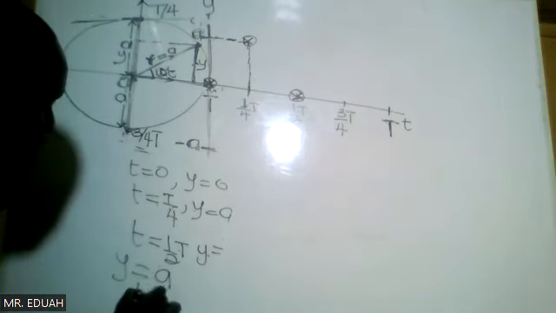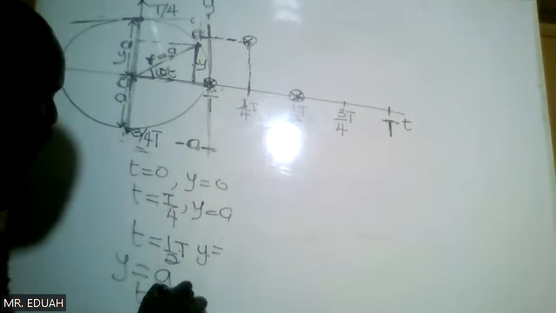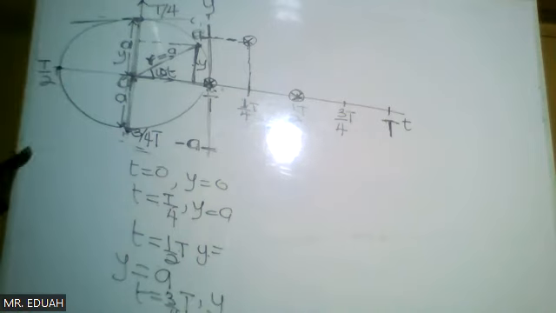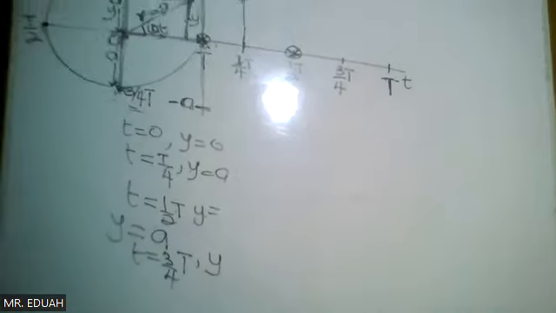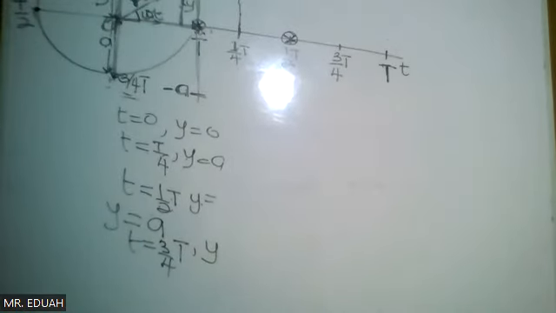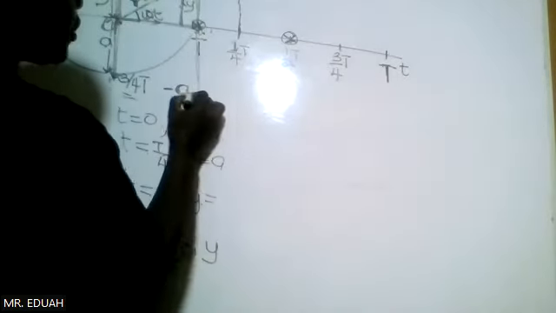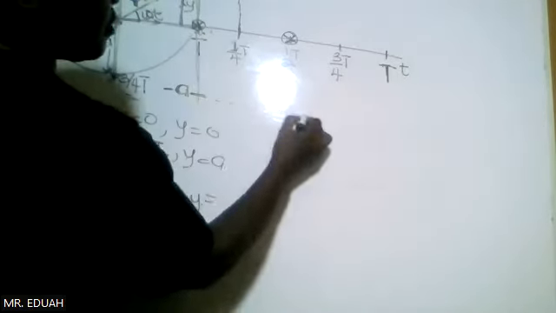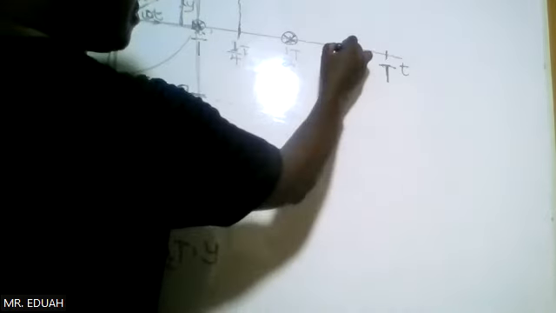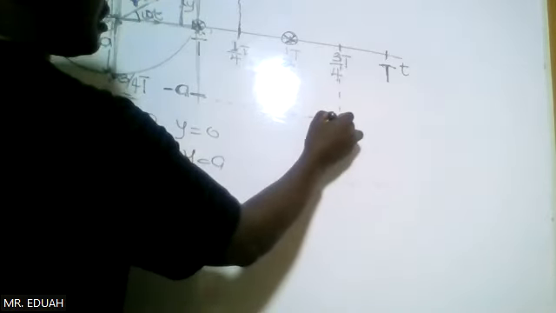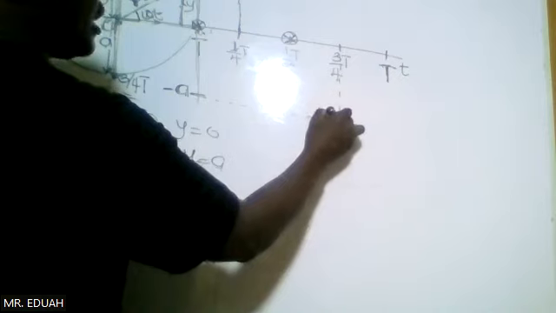At t is equal to 3/4 of the period, what did we get for y? Minus a. So at this time, it goes with a displacement of negative a.